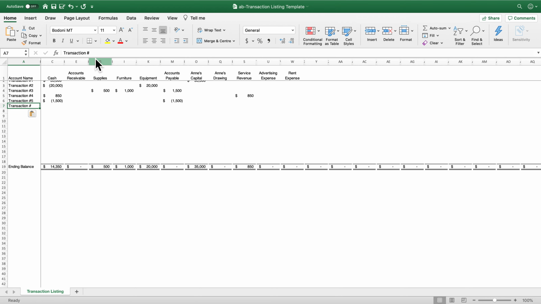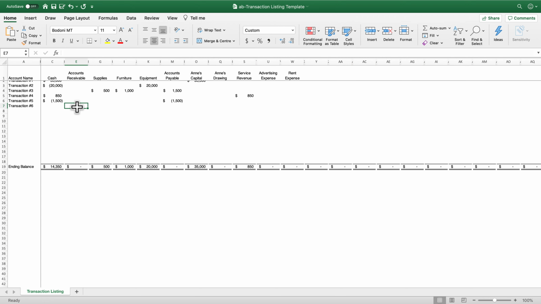Transaction number 6. Anne receives $2,500 in service revenue. However, cash is not paid out, but instead it's put on accounts receivable.